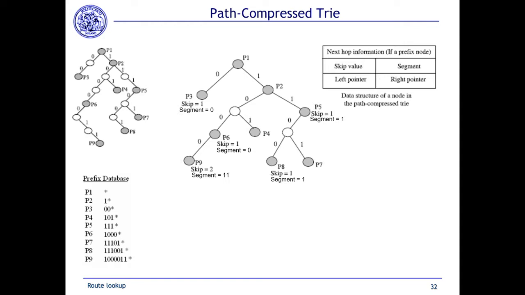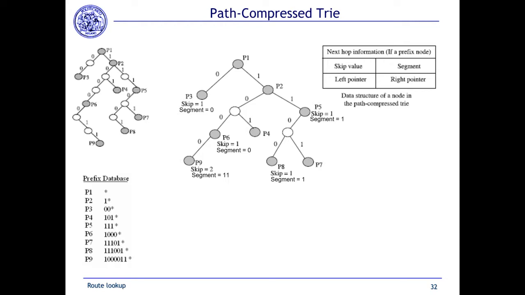So let's start from the original binary trie that you see on the left. The first step is finding in the original binary trie the chains of white nodes, or better, those white nodes which have a single child.